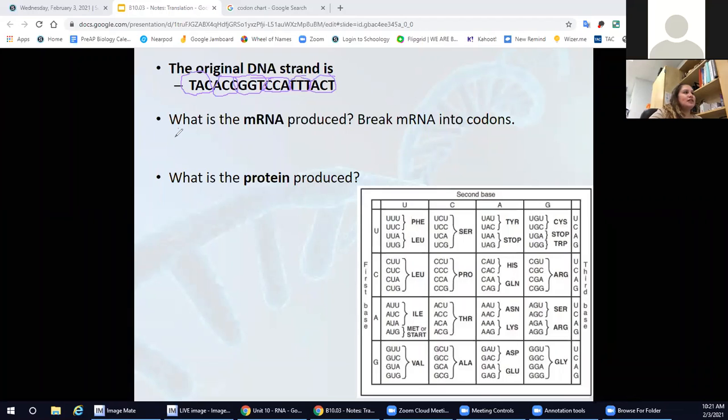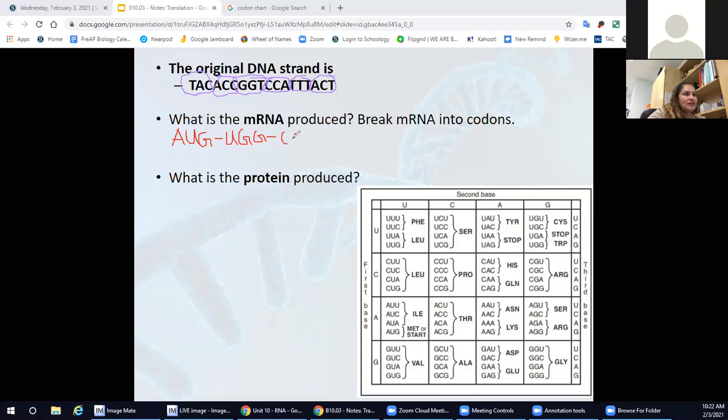My first T is gonna go with an A. My next A is gonna go with a U. My C is gonna go with a G. Next, I have my A, that's gonna go with a U. C is gonna go with a G. My other C is gonna go with a G. And then my next G is gonna go with a C.